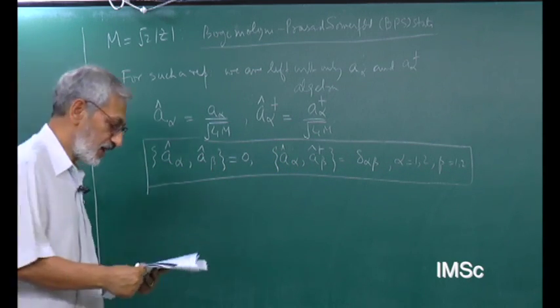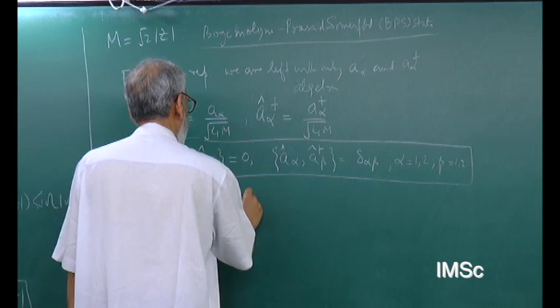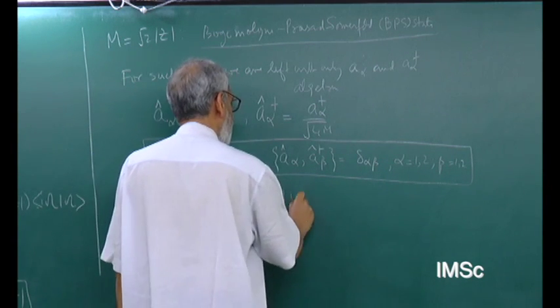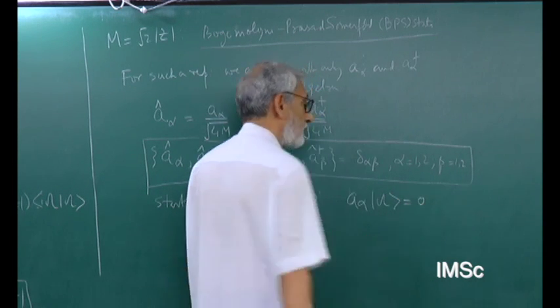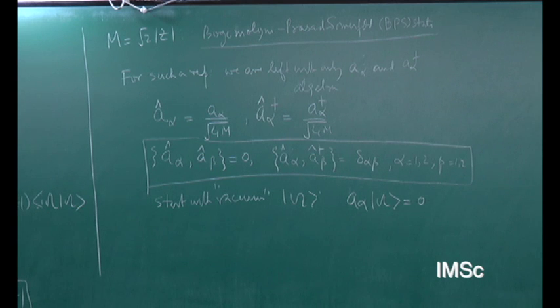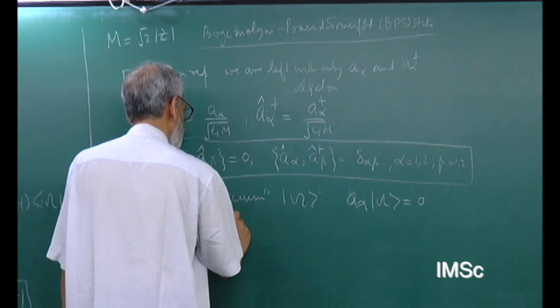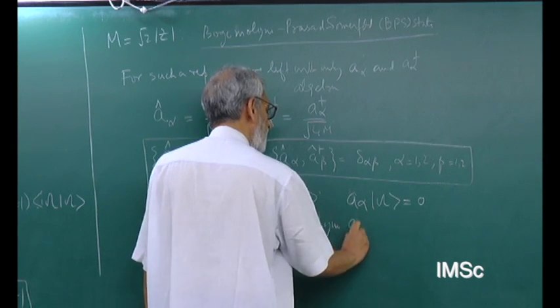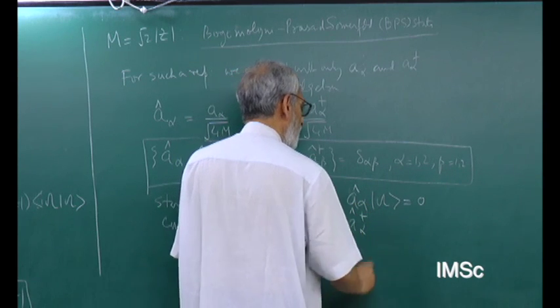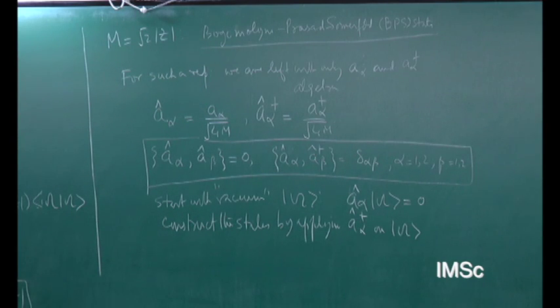So, we do the same trick: start with a vacuum in inverted commas, a vacuum state, define A alphas on that vacuum to be 0, and construct the states by applying A hat alpha dagger.